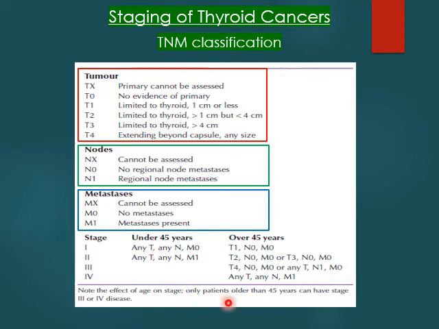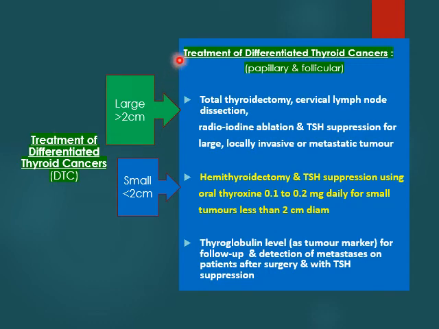Only patients older than 45 years can have stage 3 or 4 disease. So the disease in younger patients is most of the time very localized and has a better prognosis. Okay, next we come to treatment of differentiated thyroid carcinomas, that is the papillary and follicular carcinomas.